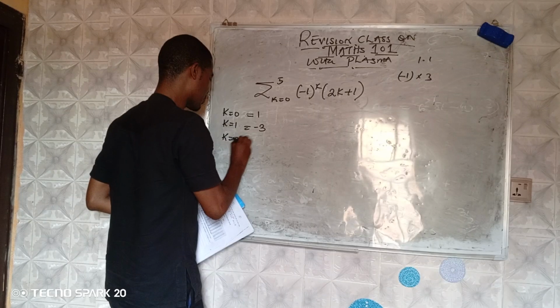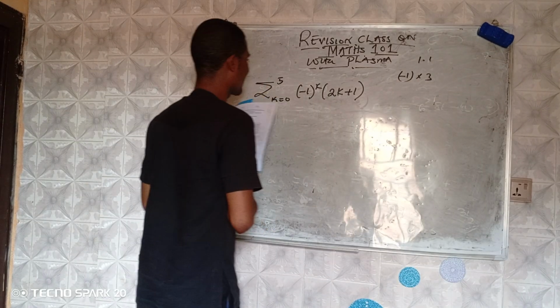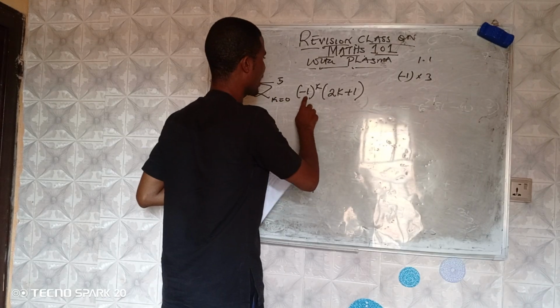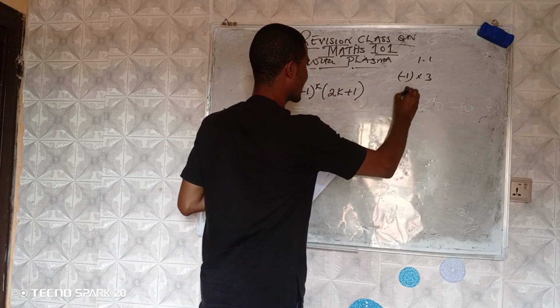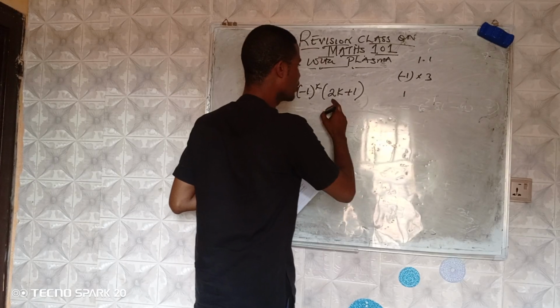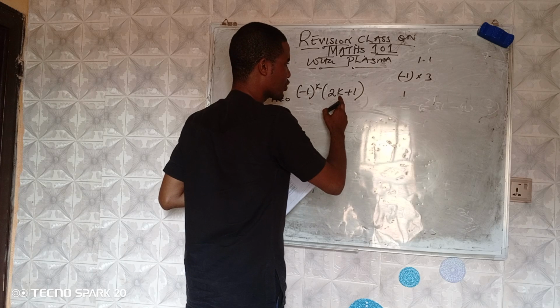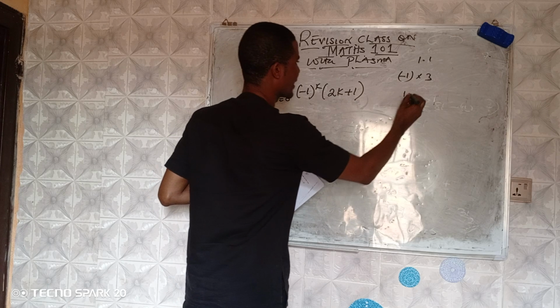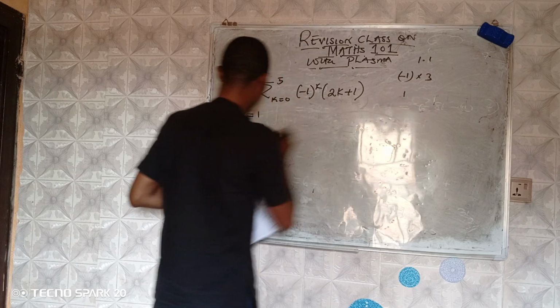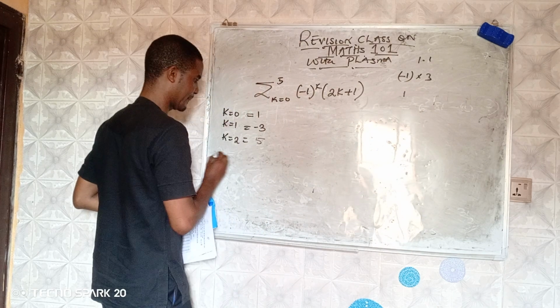When k is equals to 2, we're going to have (-1) raised to power 2, which is 1. Then 2 times 2 is 4, 4 plus 1 is 5, 5 times 1 is 5. Here is 5.